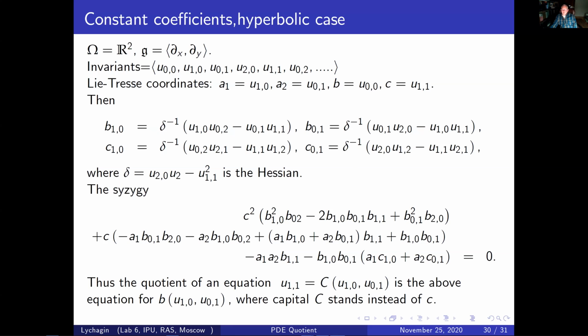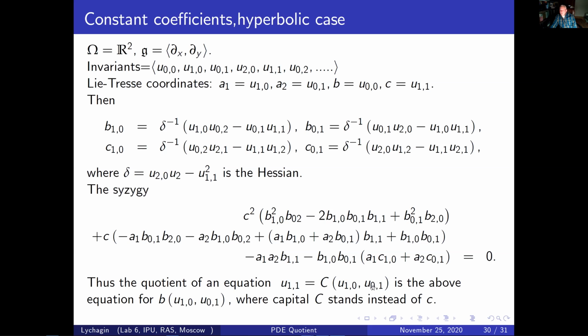Really, this is answering the second question, on a more simple question. If you have an equation like u11 equals c and so on, and I want to integrate this equation by adding one more equation. This equation has just a characteristic manifold with just 2 points. So if you add one more equation, you will kill these two characteristics, and you'll get a finite type equation.